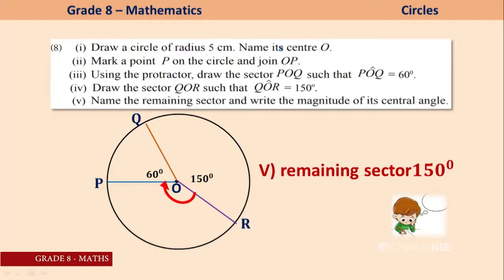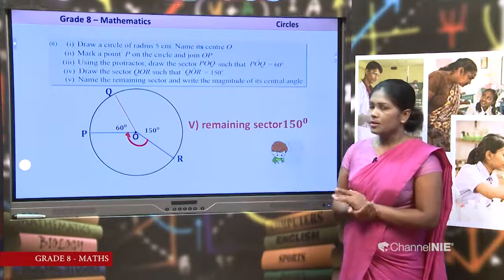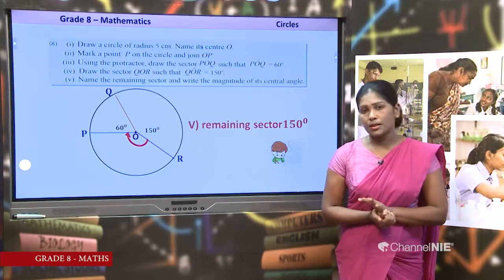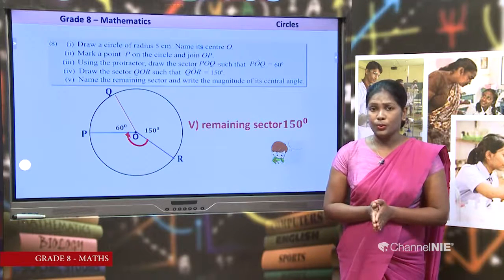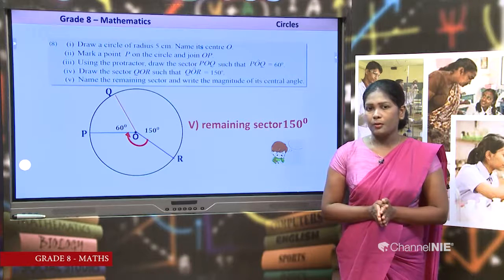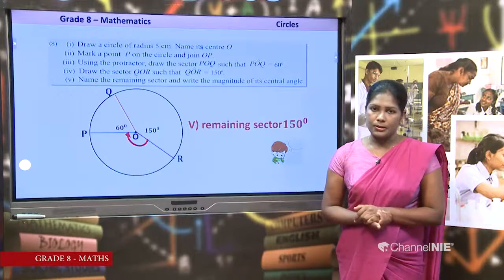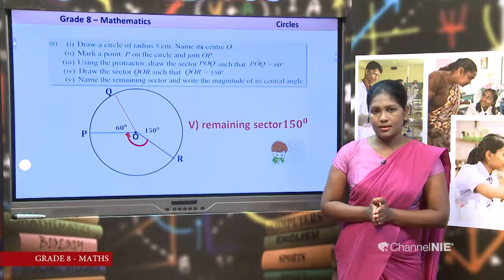Okay children, now you know the parts of the circle. So, we discussed exercise 23.1 and 23.2. Those are the applications of the parts of the circles. So, we did those two exercises.